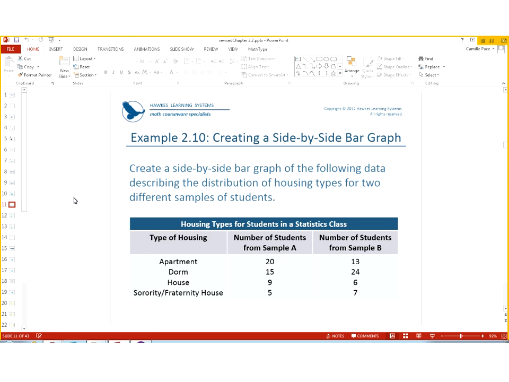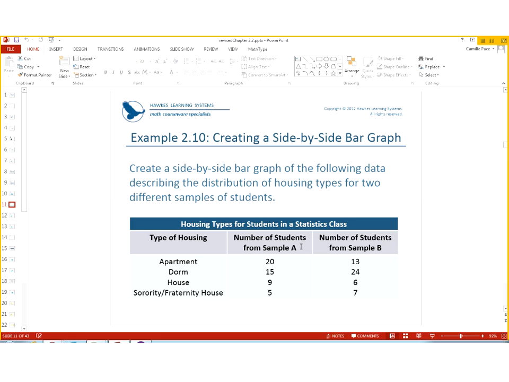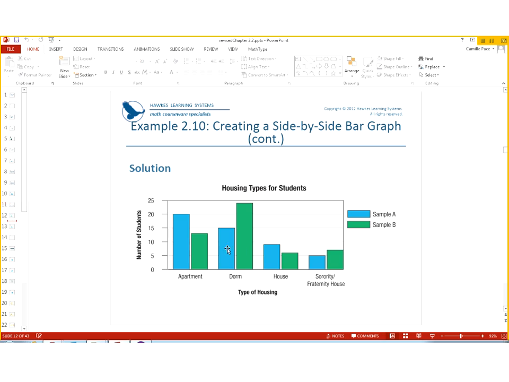Okay, you can create a side-by-side graph using 2 different types of groupings. So here, if I had two different statistics classes, I could say, okay, sample A is my 9:30 class, and sample B is my 1 o'clock class. So all I'm going to do then is compare how many lived in apartments to each other, how many lived in dorms, how many lived in houses, and how many lived in sorority fraternities.